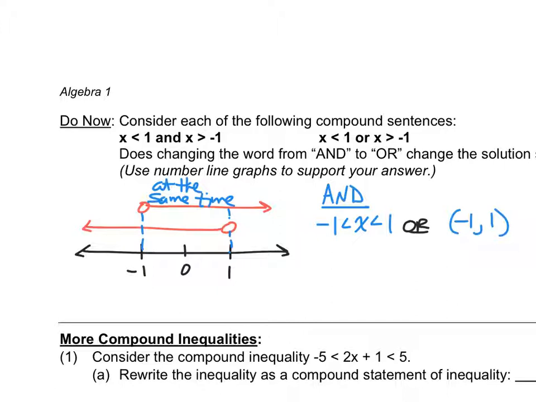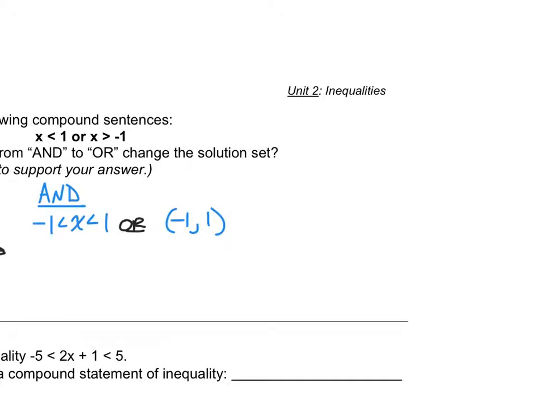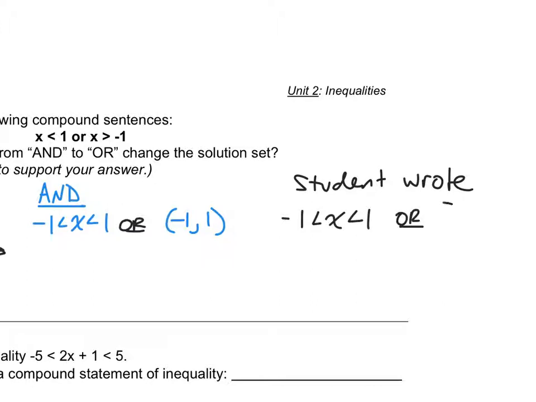Do you know why I did that? This would demonstrate incredible knowledge and understanding of this unit. Or. All right, so the student wrote -1 less than x less than 1, or -1 to 1.